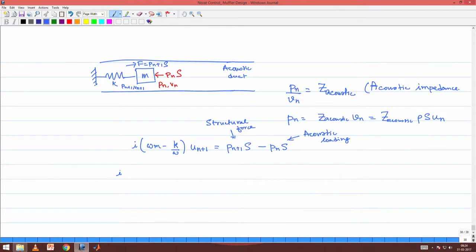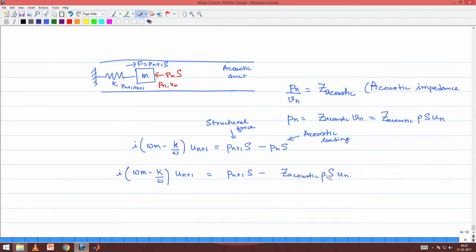Now, let us do some simplifications. I omega m minus k by omega u n plus 1 is equal to P n plus 1 S. P n can now be written as Z acoustic into rho into S into u n, right.